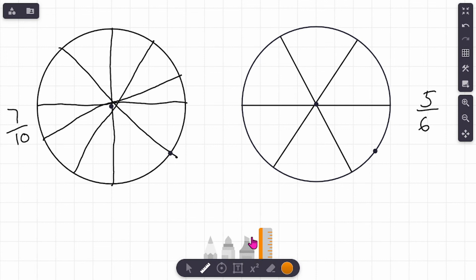That was way better. Okay, I'm going to color in this one on the left, 7/10, even though it just looks horrible. I've got 1, 2, 3, 4.